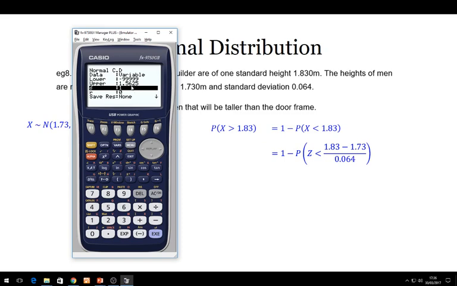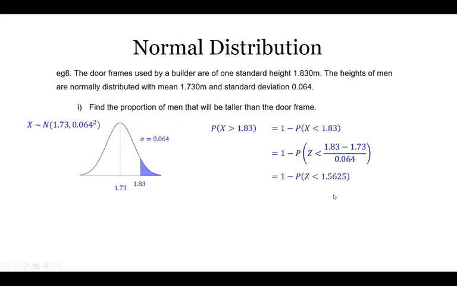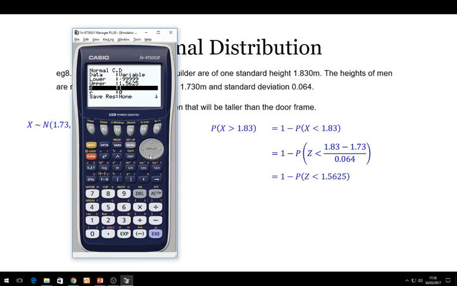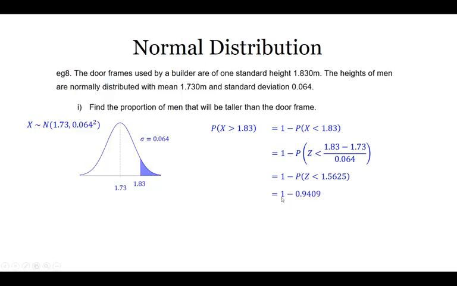So that's a z value of 1.5625. Write that in and then scroll down to find the probability. So that tells me it's 0.9409, and I'm going to do 1 minus that, so the answer is going to be 0.0591, and that's my answer.